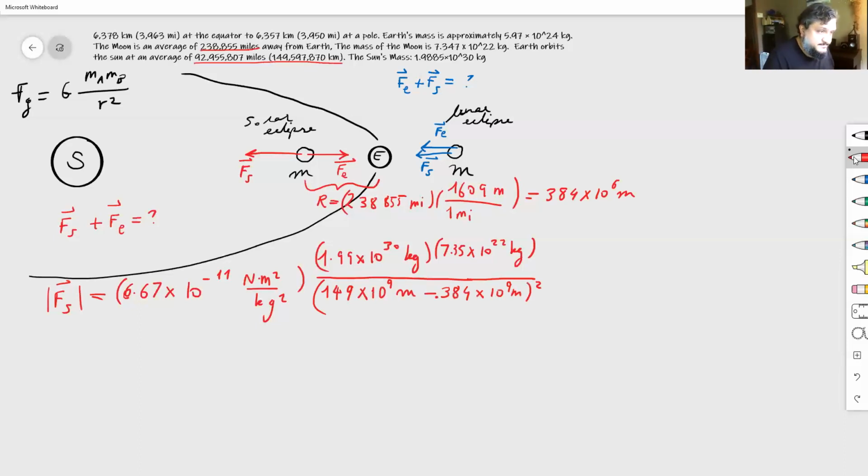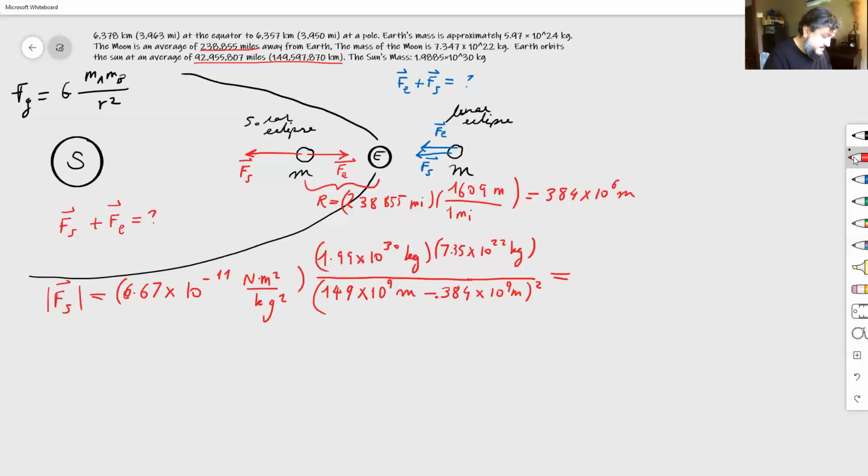Okay, so let's find this. 1 to the power 9. Square that. Take the reciprocal of that.